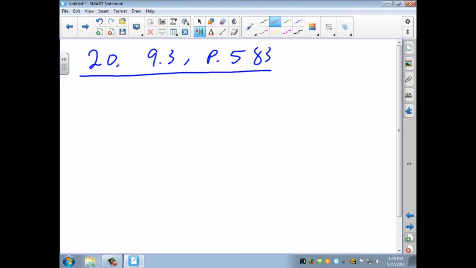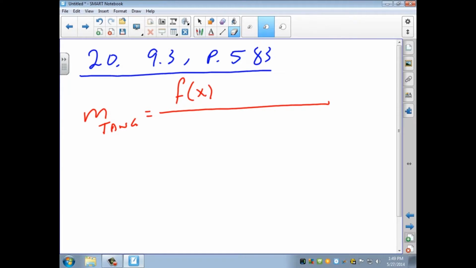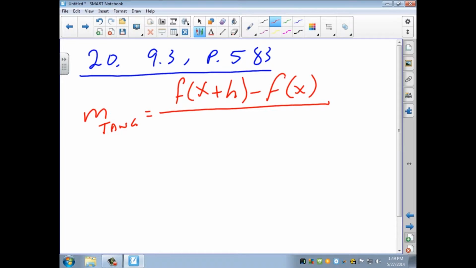We just said the slope of a tangent line to any curve would be calculated as f of x plus h minus f of x divided by h, and you take the limit of this and drive h to 0.